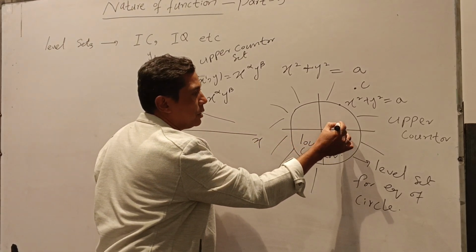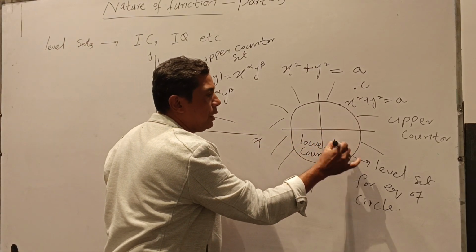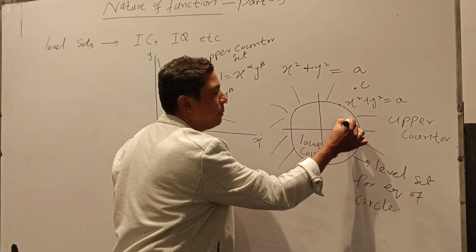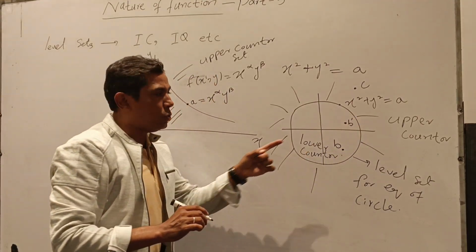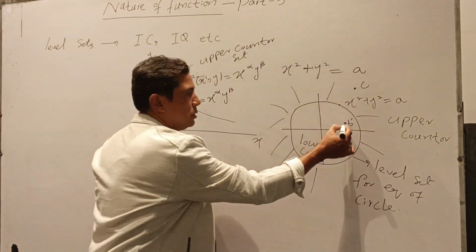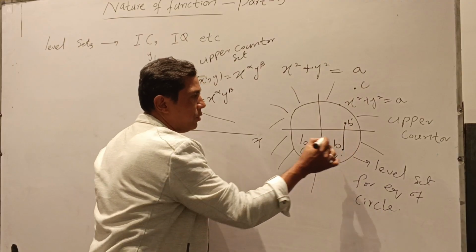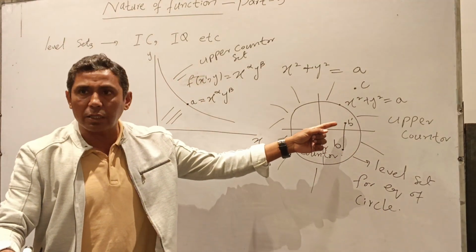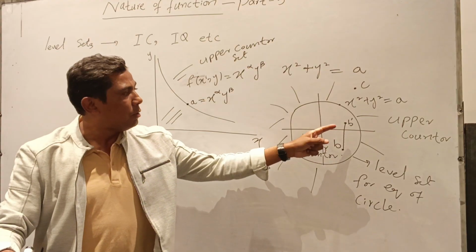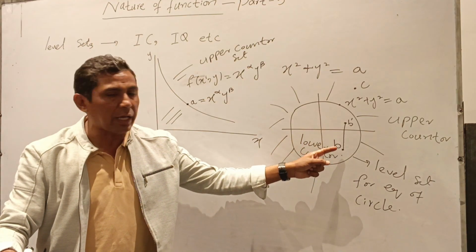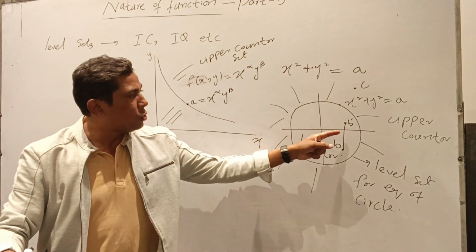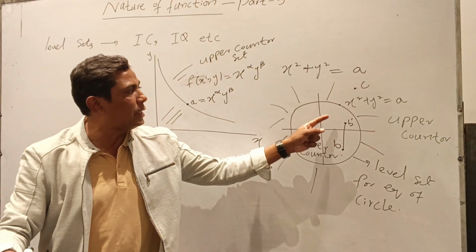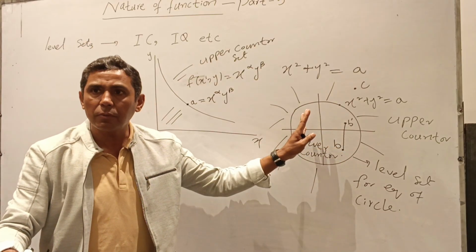For example, this is your point B and take B dash here. Joining them with a straight line represents a linear combination of B dash and B. Clear?